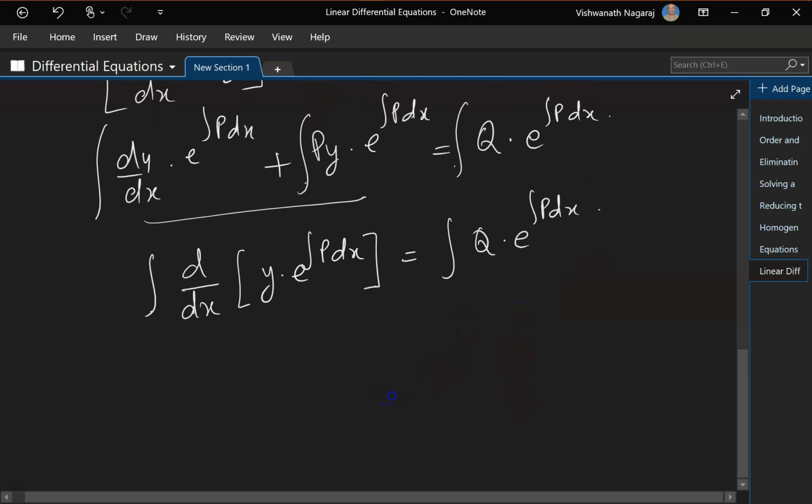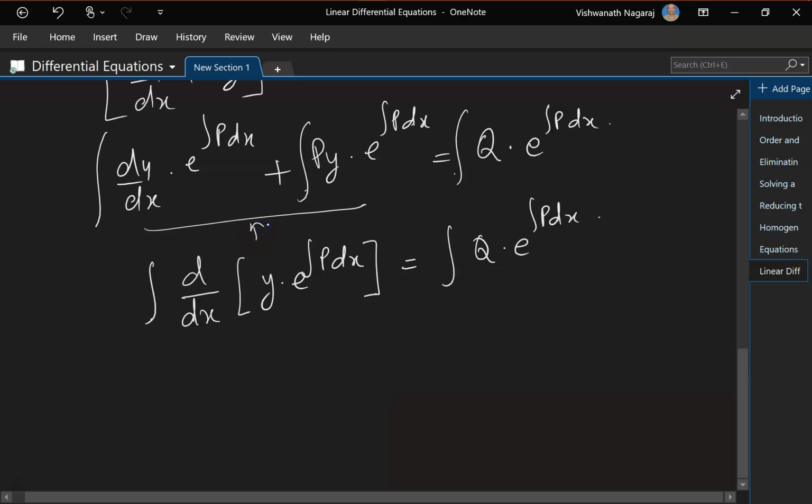If you want to verify whether this actually happens, just differentiate this. So y remains as it is and we differentiate e to the power of, so e to the power of remains as it is.